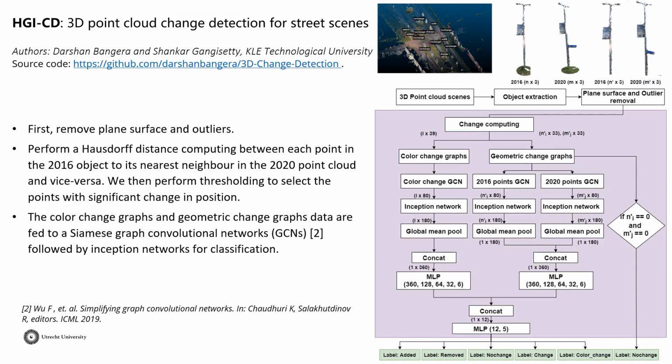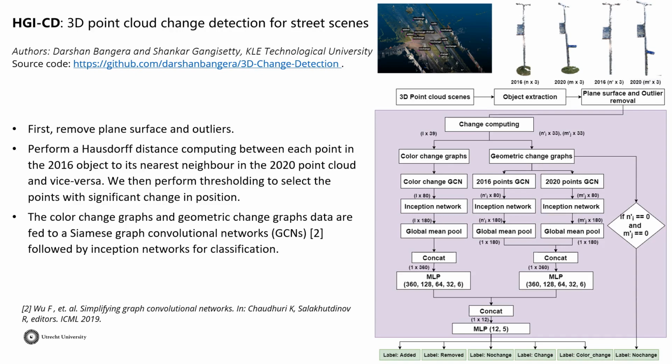The KNN algorithm is used to generate a graph for color and geometric change point clouds of 2016 and 2020 3D point clouds, respectively. The fast point feature histograms are calculated for each point as the node features.